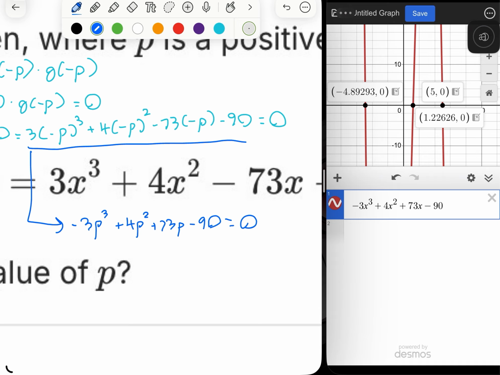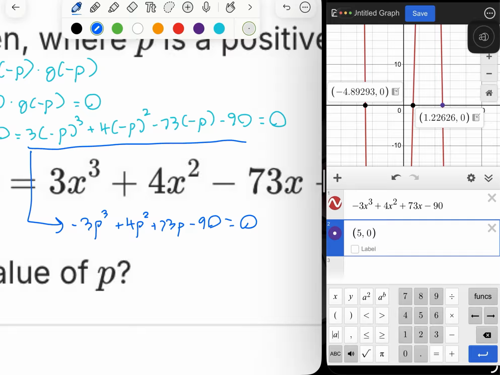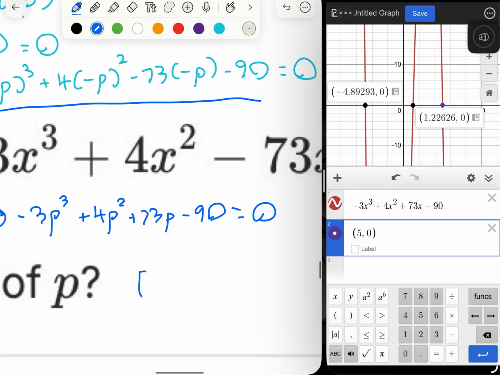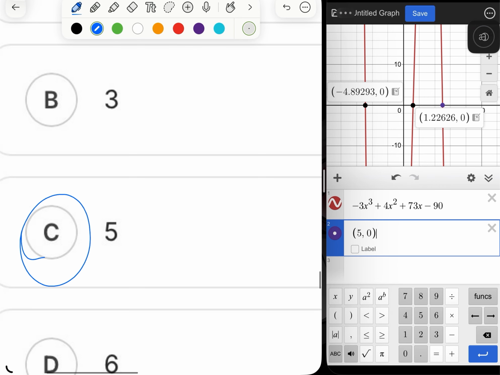And you see that those 3 points are listed here on the right, and one of them is 5, 0. That tells us that x equals 5 gives us 0, which means here p equals 5, because x was really just a placeholder. But p equals 5, that's answer choice C.